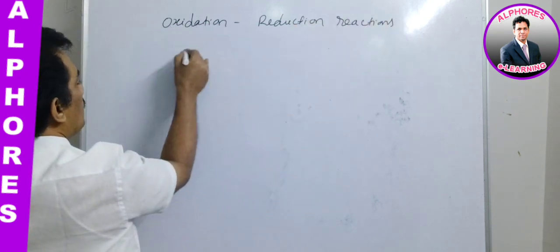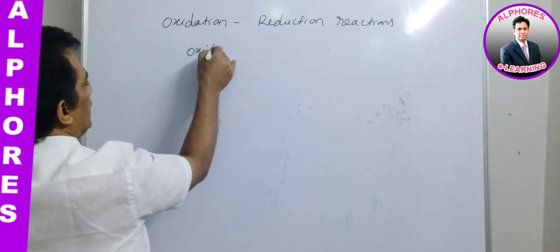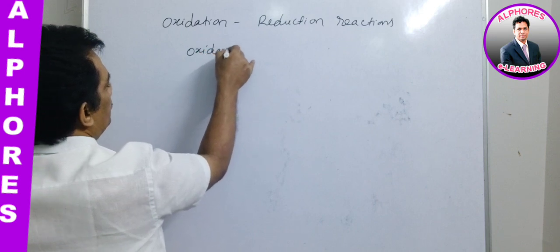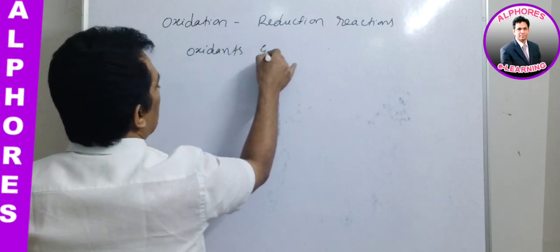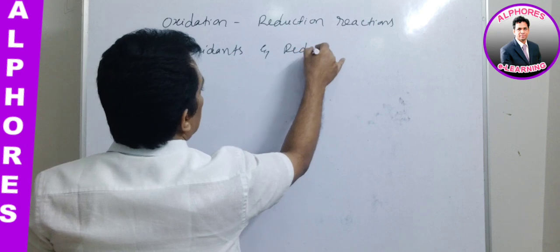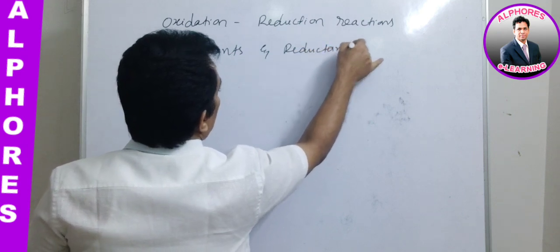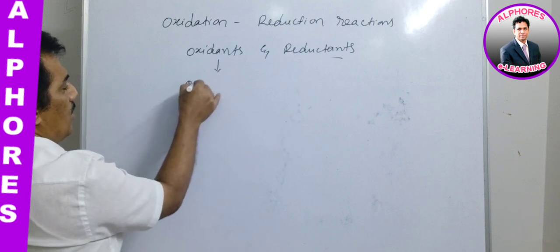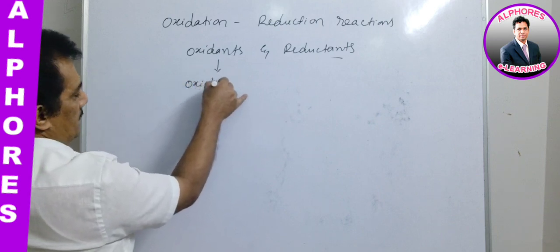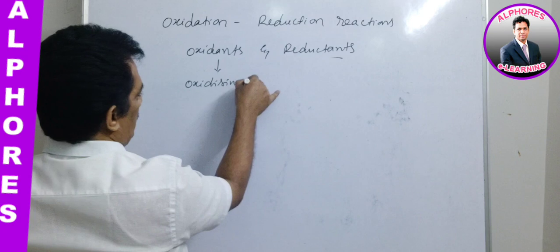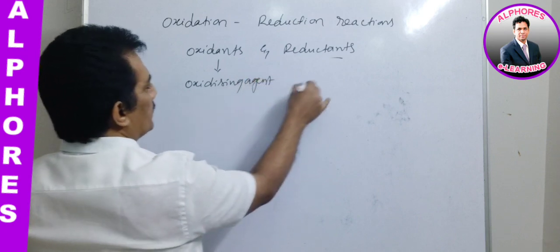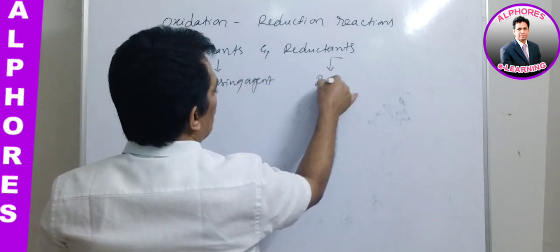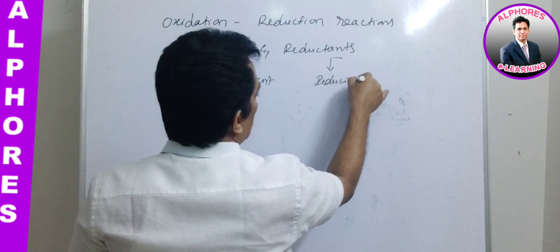And one more word: oxidants and reductants. This oxidant is also known as oxidizing agent, and reductant is also known as reducing agent.